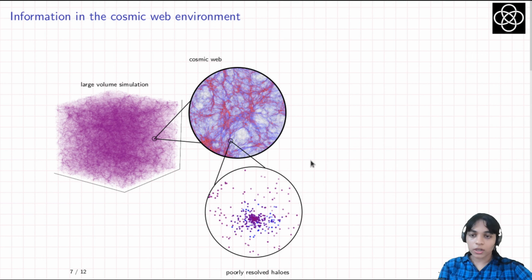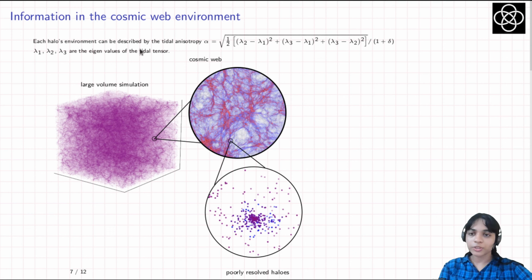In order to quantify the cosmic web environment, or rather the anisotropy of the cosmic web environment, we use the tidal anisotropy alpha, which is computed using the eigenvalues of the tidal tensor. It is basically quantified by the sum of squares of the differences of the eigenvalues of the tidal tensor.